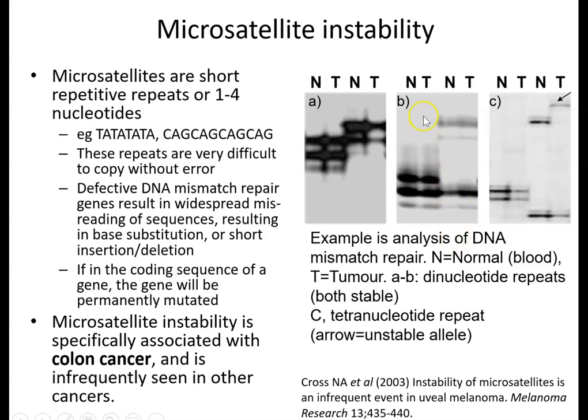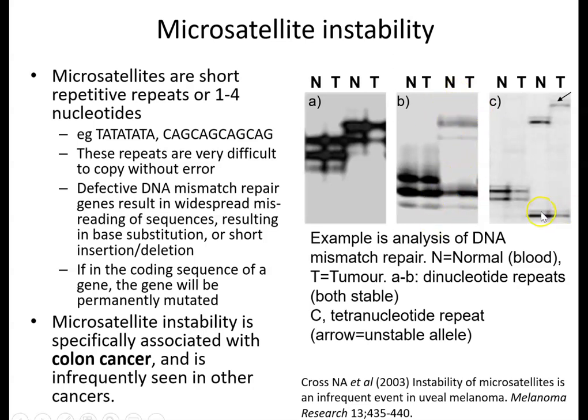So there's a small allele, there's a large allele, and this is likely to be 2, 4, 6, 8, 10. So this allele is 10 base pairs smaller than this one, and these shadow bands here are 2 base pairs apart because it's a TA repeat. So what we can see, normal and tumour, they've both got a small allele, so therefore nothing has happened here.